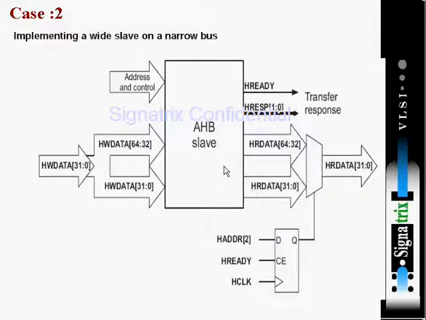After that we implement our logic to decide which buses we need to process out, either 0 to 31 or 32 to 64. So these two are important scenarios regarding the data bus in AMBA AHB bus.